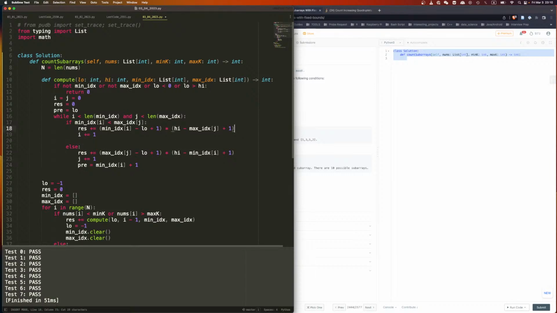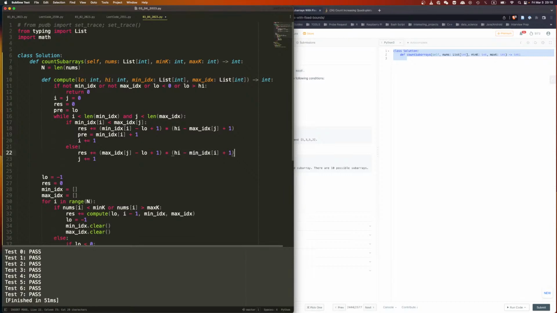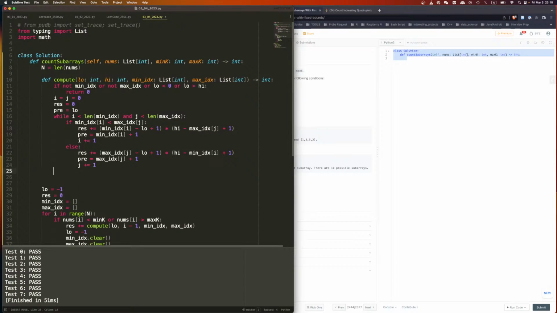Ooh, we want to do this one first. All right, pre is going to be max index j, because the max is bigger. And then we're done, j plus equal 1. And eventually somebody is exhausted.